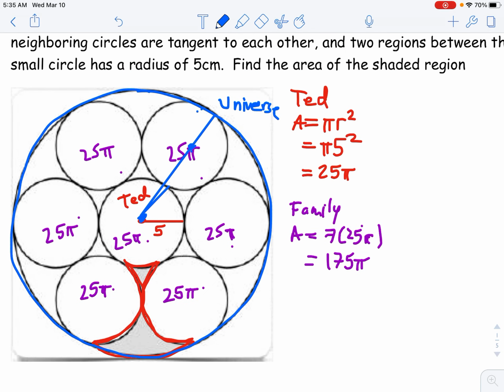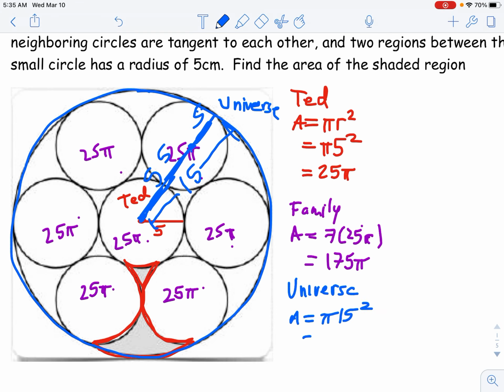But we can just do a bunch of radiuses. This radius right here is 5. This radius right here is 5. This radius right here is 5. So adding up all the radii of the smaller circles, we find the radius of this big circle is 15. So the area of the universe, where Ted and his family live, is pi times 15 squared, which comes out to 225 pi.